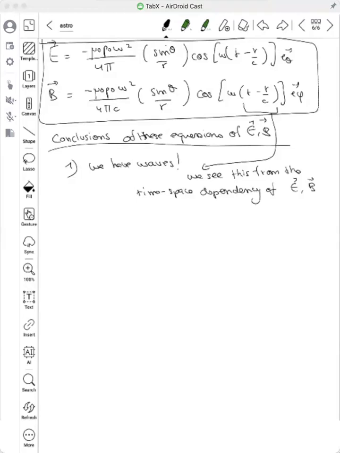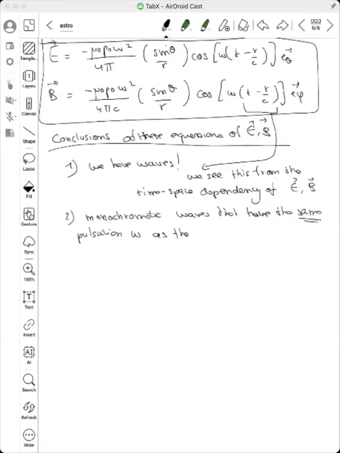Second, these are monochromatic waves that have the same pulsation omega as the dipole. And this is not obvious. I mean, it's obvious to us, but it just comes from the calculation.